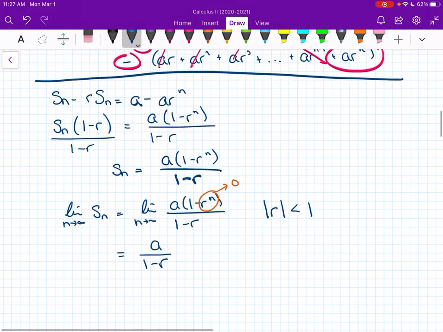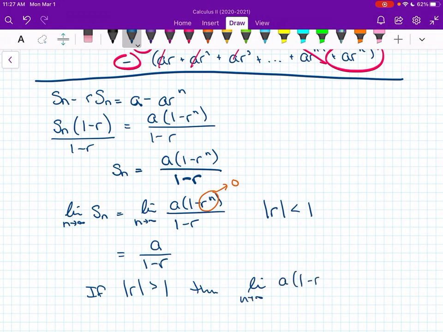Okay? And if the absolute value of r is greater than 1, then that limit as n goes to infinity of a times 1 minus r to the n over 1 minus r will go to infinity, right? So it's going to diverge.